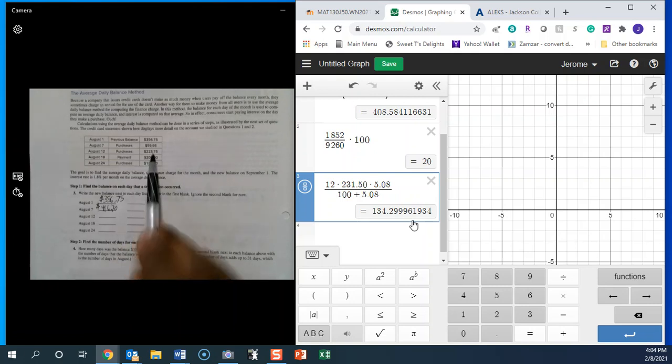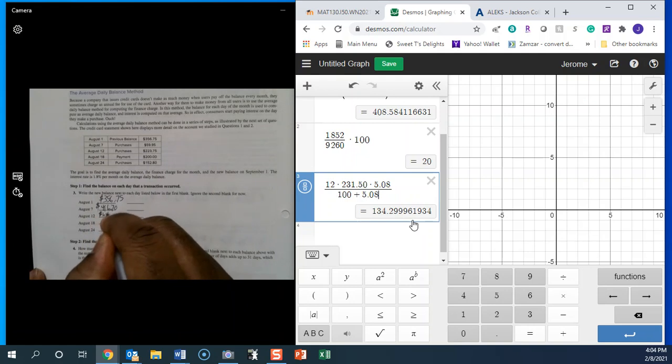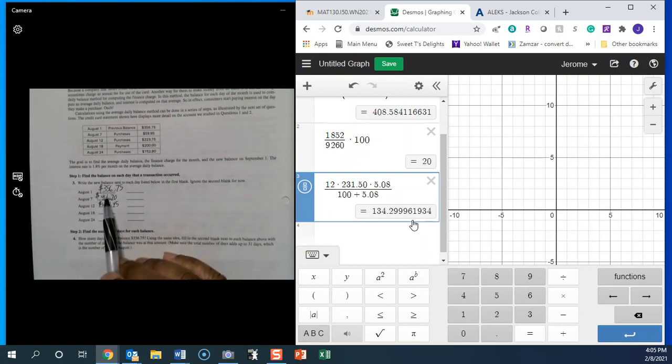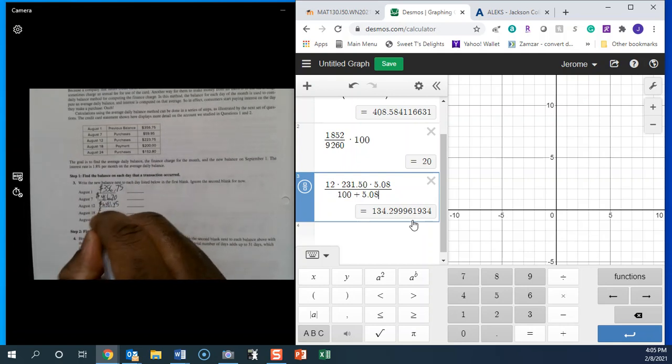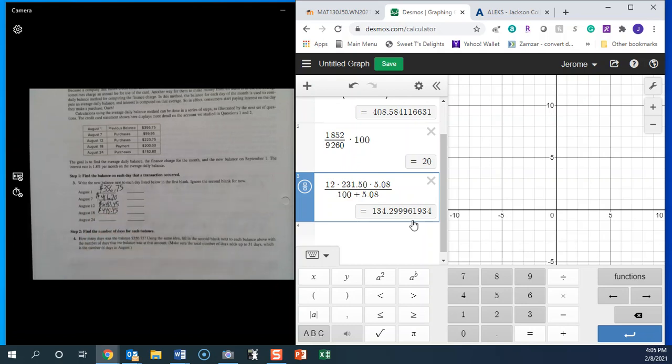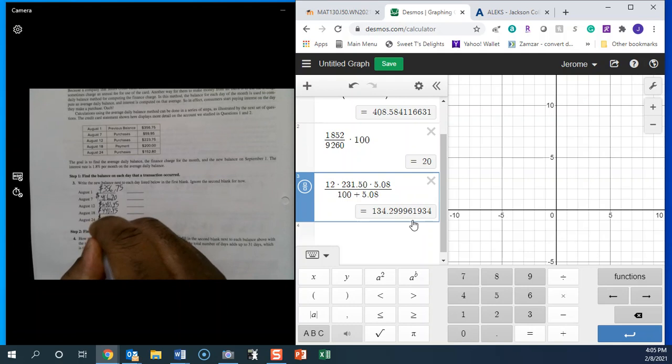So you would add this $223.75 here, and that will give you $640.45. Now you had a $200 payment, so you'll subtract 200, so that'll be $440.45. Then last but not least, you made another purchase of $152.80, so you will add that, and that'll be $593.25.